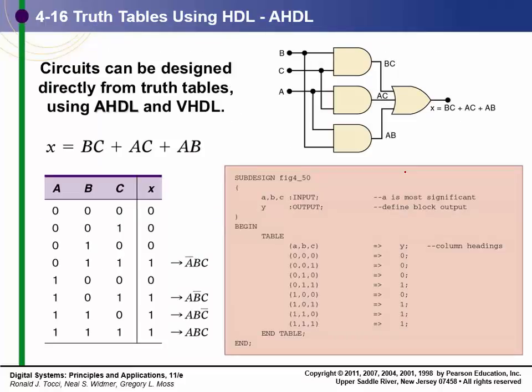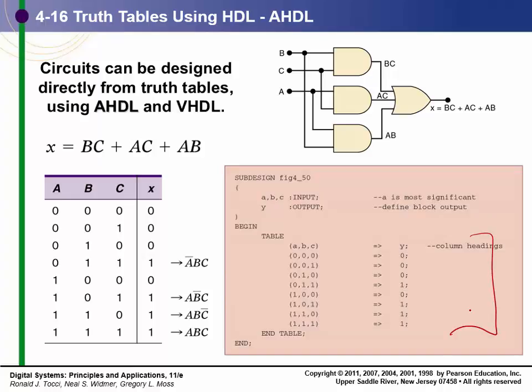Here's an example, though. This is a good example of why, and this happens to be AHDL, not VHDL, but it shows you real quick why I don't spend a lot of time on Karnaugh maps.